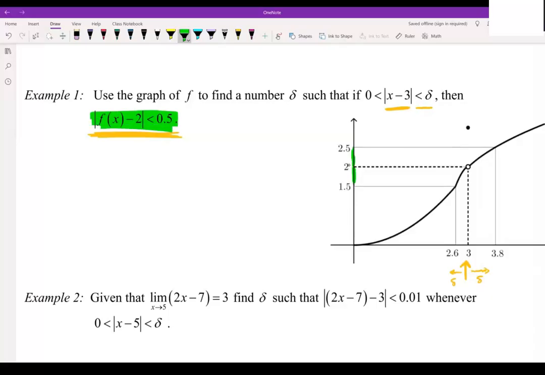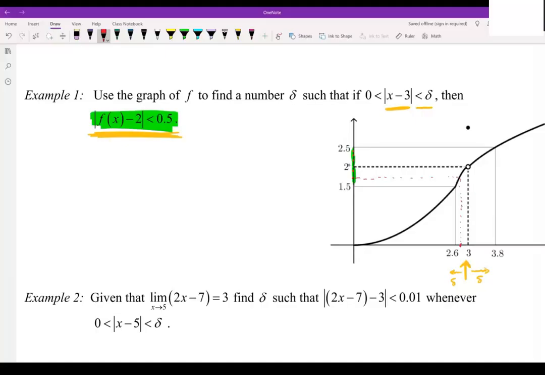And they're saying that they want us to find a delta so that no matter what red point I pick here, when I bring it across to here, it's going to give me an x value in the little region there.